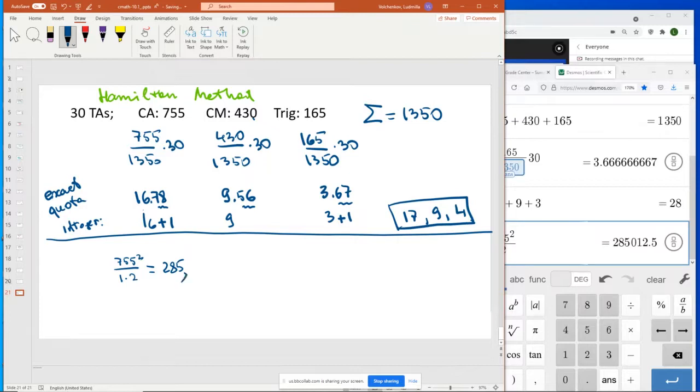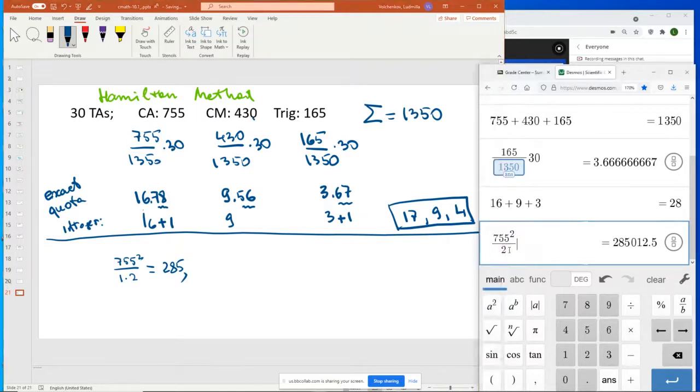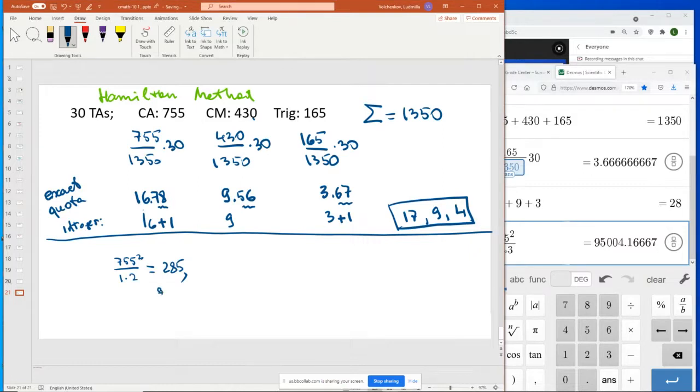I will round to thousands and ignore the rest since the numbers are too big. In the next line, we will have 2 times 3. It will be 95,000.